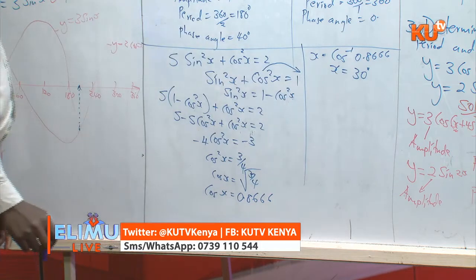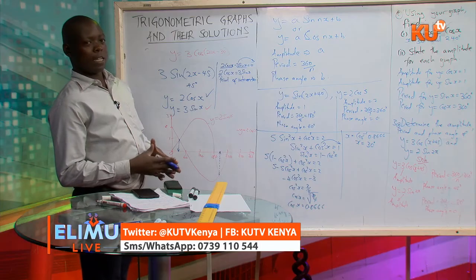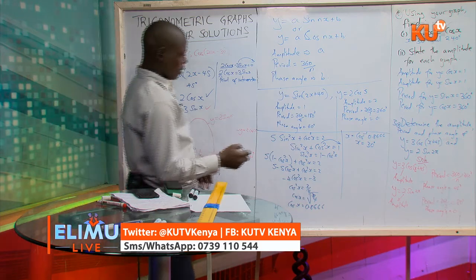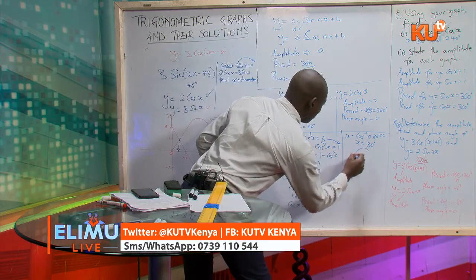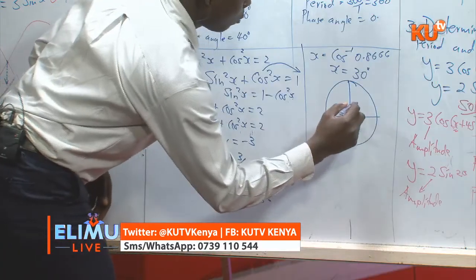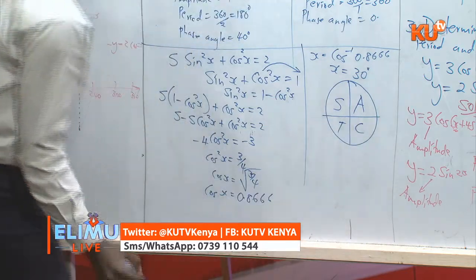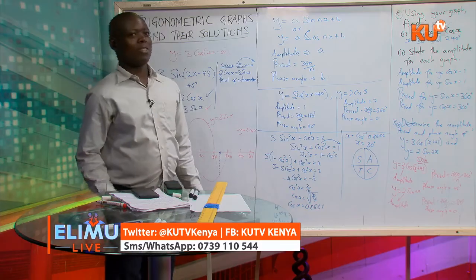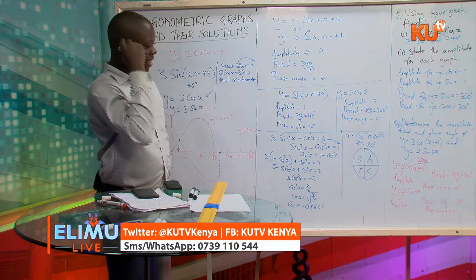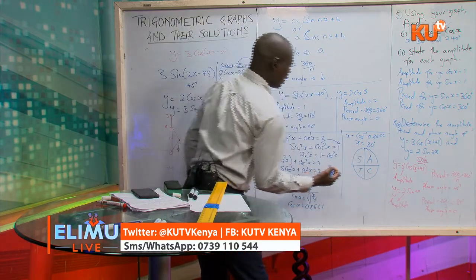But remember, from the question given by Emmanuel, we are supposed to give the values of x between 0 and 360. And so I know students are familiar with this cycle, and they usually use an abbreviation: all students take coffee.